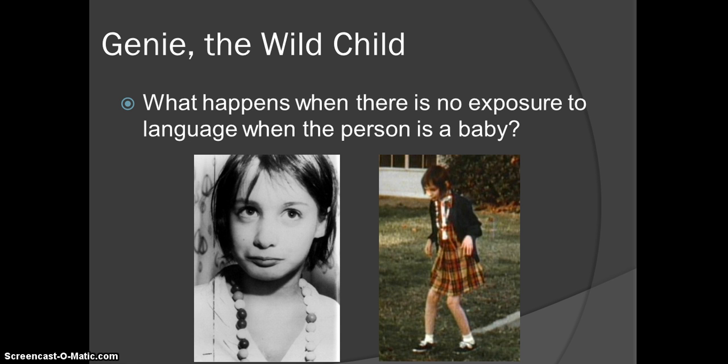So, after she was found in that house when she was 13 years and 7 months old, do you think she was able to learn language as a child would, going through the cooing and babbling stages? Would she be able to catch up to the point where she can communicate and you cannot tell that there was no language exposure for 13 years?